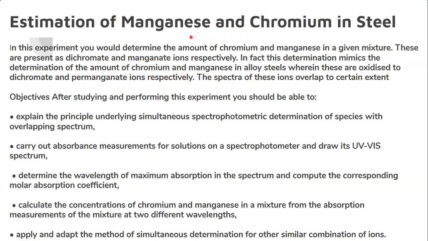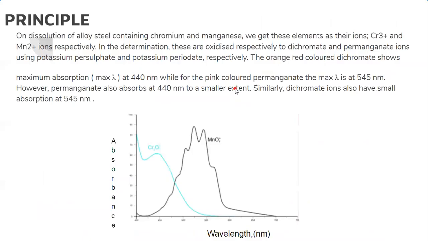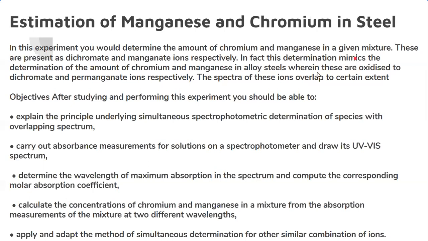Initially, the steel is dissolved in concentrated nitric acid. When it is dissolved in concentrated nitric acid, the chromium and manganese are converted into Cr plus 3 and Mn plus 2. Later, these will be oxidized by using potassium periodide and potassium persulfate.